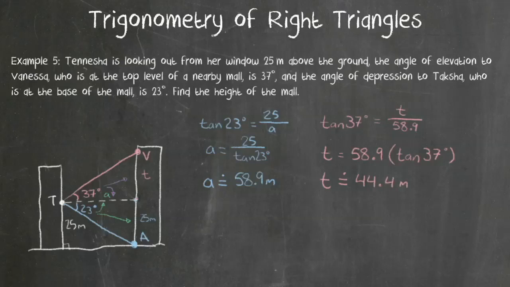This only represents side T. To get the total height, I have to add T and 25. So H is going to equal 44.4 plus 25, giving me a total height of 69.4 meters.